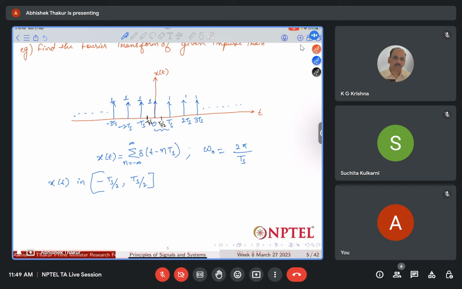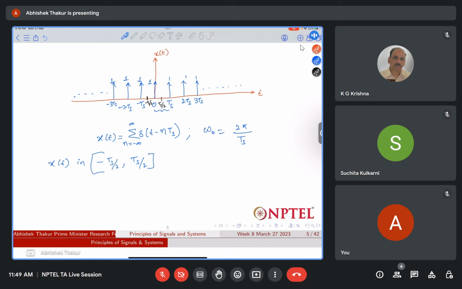Here the impulse is located at t is equal to 0. So x(t) is equal to del(t) when t is from minus Ts by 2 to plus Ts by 2.